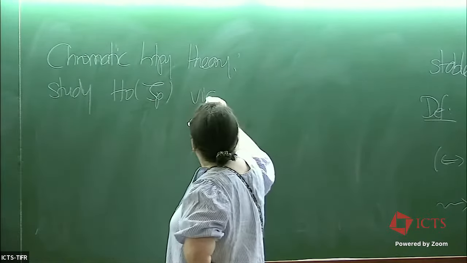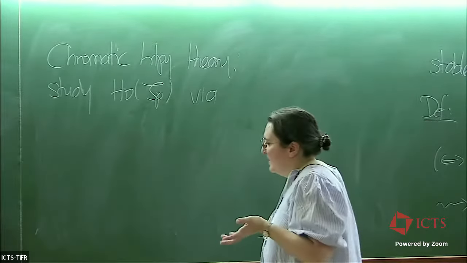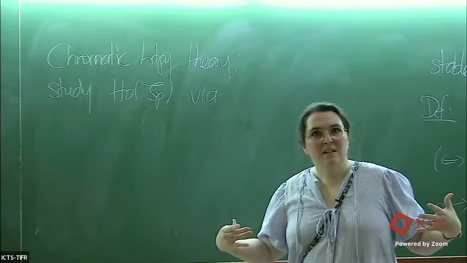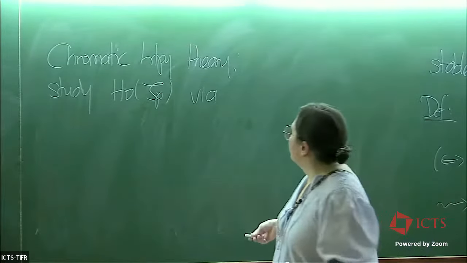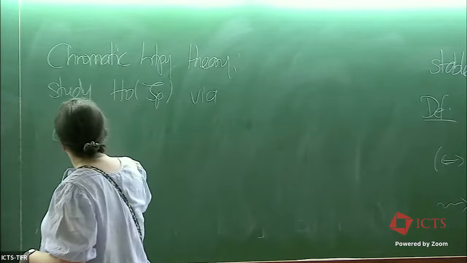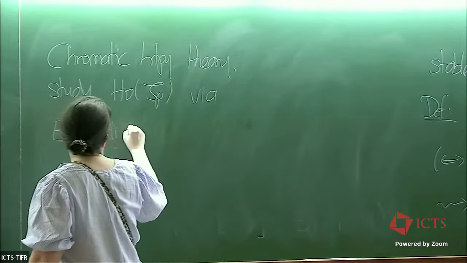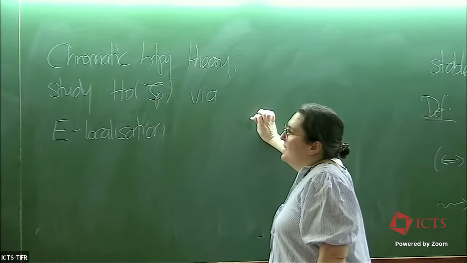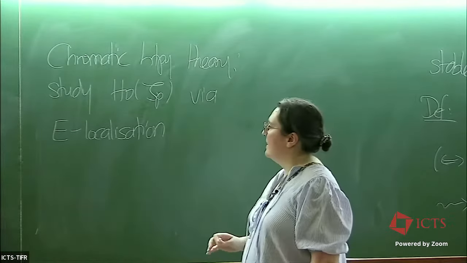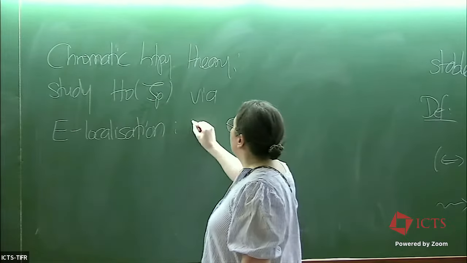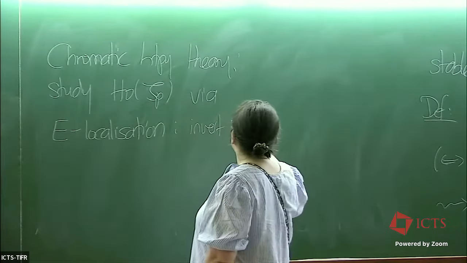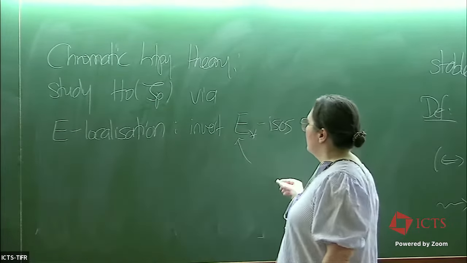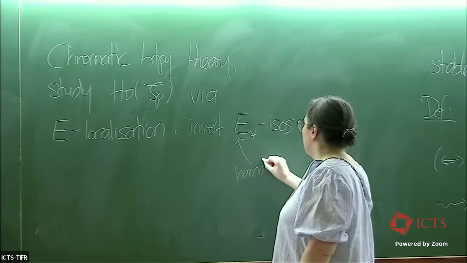So how does one study this big and complicated thing? By just looking at certain parts of it almost separately. So instead of inverting the pi star isomorphisms, we formally invert the E star isomorphisms for E, some kind of homology theory.